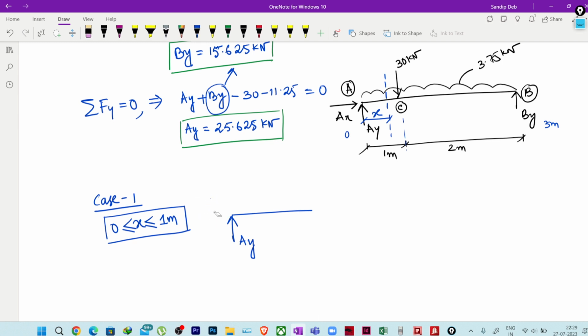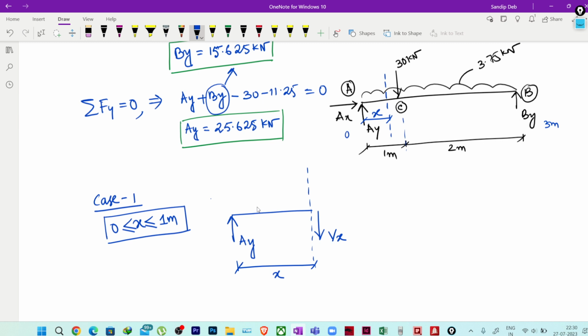So Ay, and now as I have given a section here which is at x distance from the support, we will get some internal forces. First, as the direction of force is downwards, the shear will be downwards.